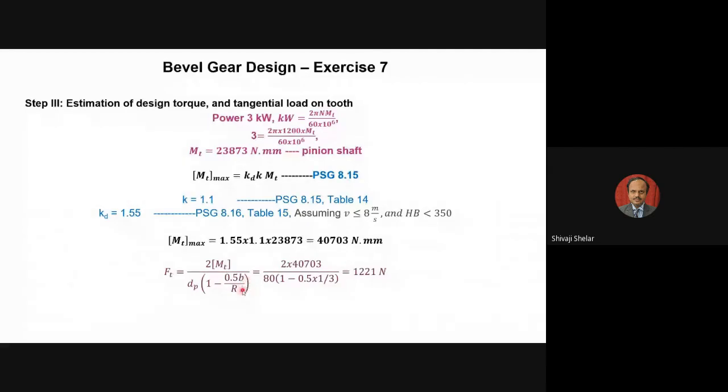Normally the b by r ratio, that is the face width of the gear upon the cone distance, is in the range of 1:3 to 1:4. So I am selecting 1:3. It may be different, 1:3 or 1:4, but for design calculation here we are selecting around 1:3. When you put this value, we get the tangential load as 1221 Newton.